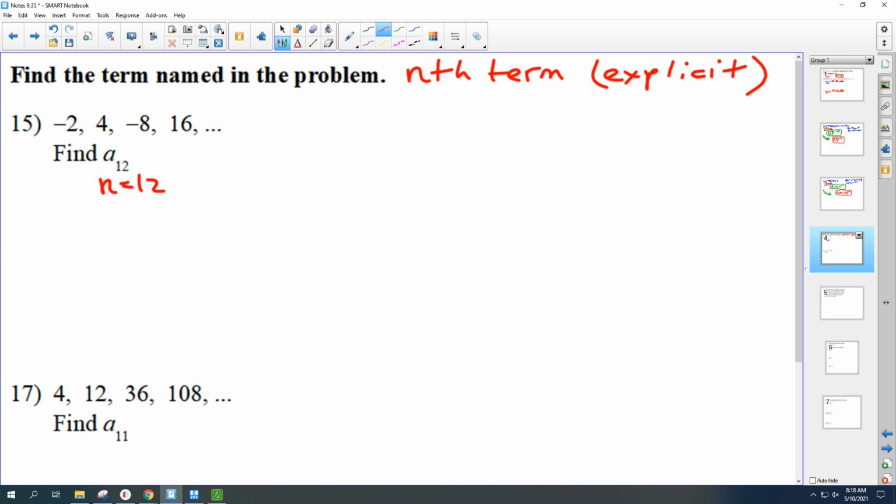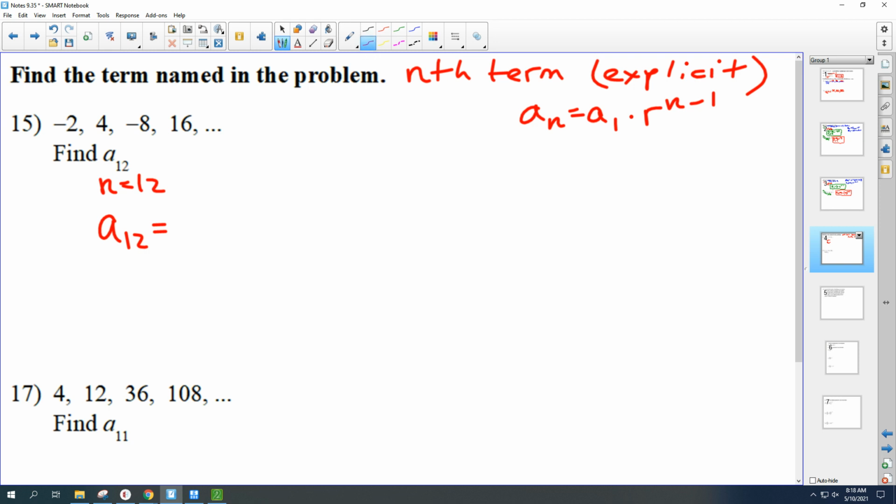So what they're saying is find the 12th term. Remember what the explicit formula was. It was an equals a1 times r to the n minus 1. That was our formula from the last problem. That was the explicit formula, or the nth term formula.